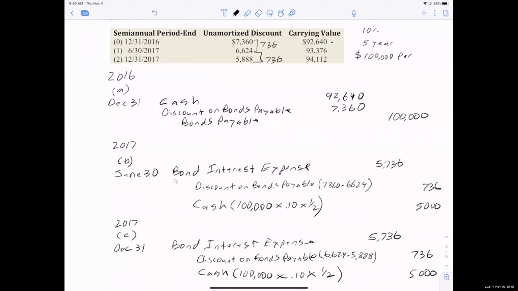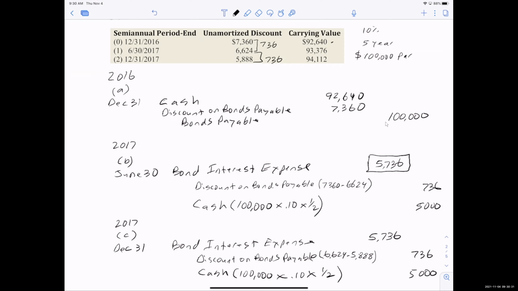Well, just put down, on June 30th, 2017, we have bond interest expense, and we don't know what it is. I guess I could maybe put this like this, so that's the last thing that you do. So we've got to find out, well, how much cash are we actually paying in interest?